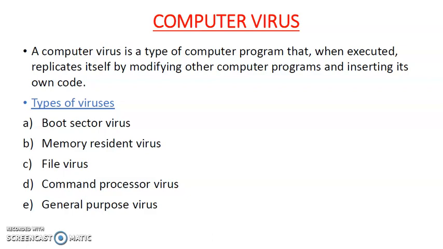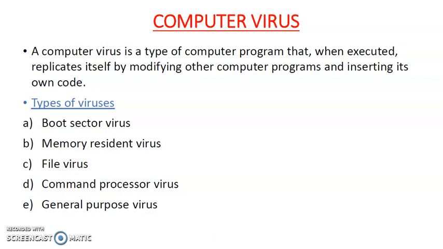It is written with the clear intention of infecting only programs. It is a part of a program which normally piggybacks on a valid program, but it is not a complete program by itself. Okay, so there are types of viruses available.